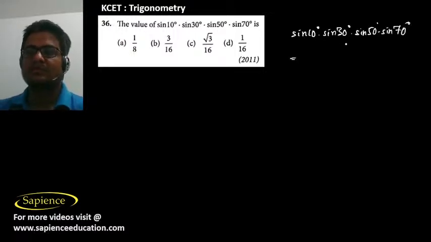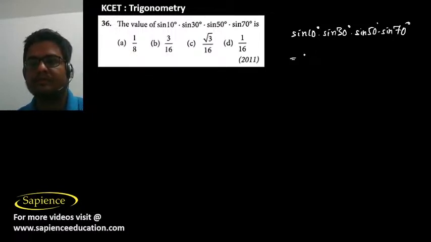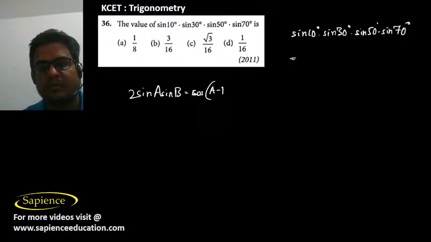So that will be equal to, now here we know that 2 sine A sine B will be equal to cos A minus B minus cos of A plus B.